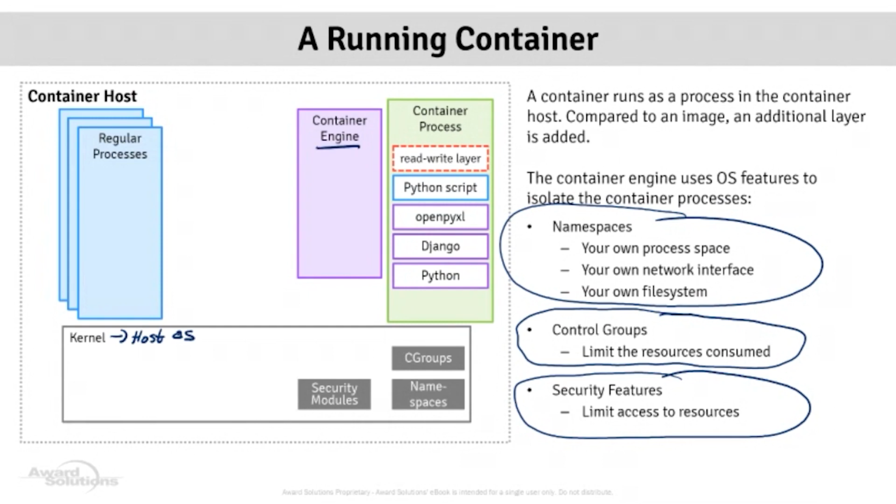I've got my container engine here, and what it's going to do is interface with our Linux operating system to do things like configure a namespace, add a namespace, delete a namespace. So that's one of the things that Docker would do.